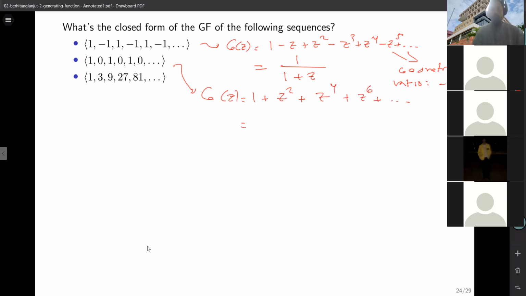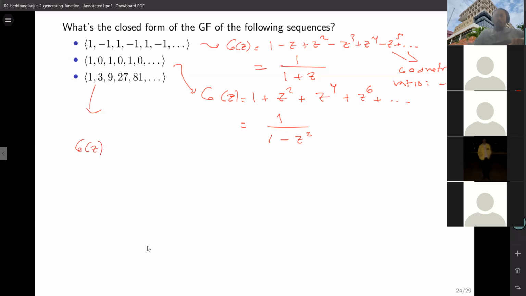So this gives us 1 over what? 1 minus Z squared. Correct. Yes, correct. Good. Now what about this one?